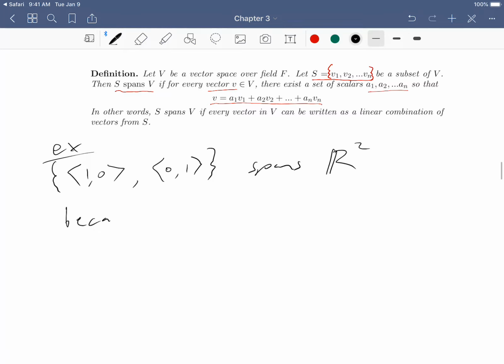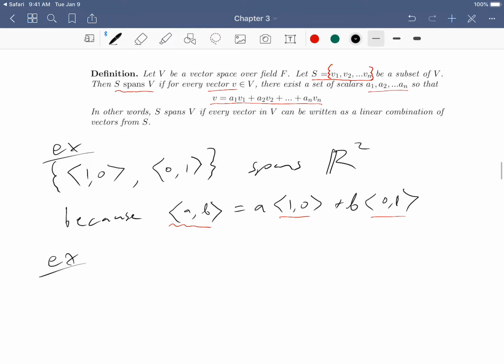The reason why is because any vector in R2 takes this form, (a, b), and we can write it as a linear combination of those two vectors. That shows that any vector in R2 can be built out of those building blocks of (1, 0) and (0, 1).